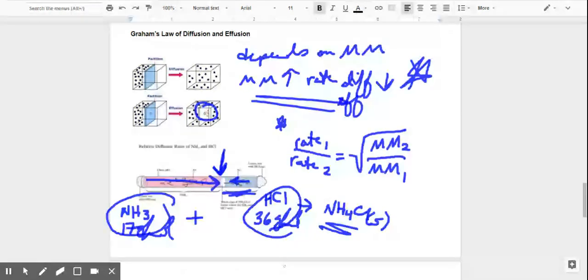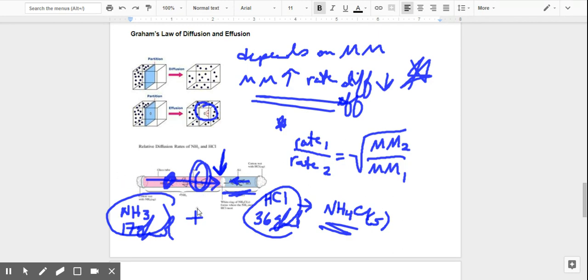They can put twists on this problem. They can ask, what gases do I need to put on both ends in order to have my ring form at the middle? You would want two gases with the same molar mass if they are to meet closer to the middle. Or it might say my ring meets over here, so what needs to be on this side, HCl or NH3?